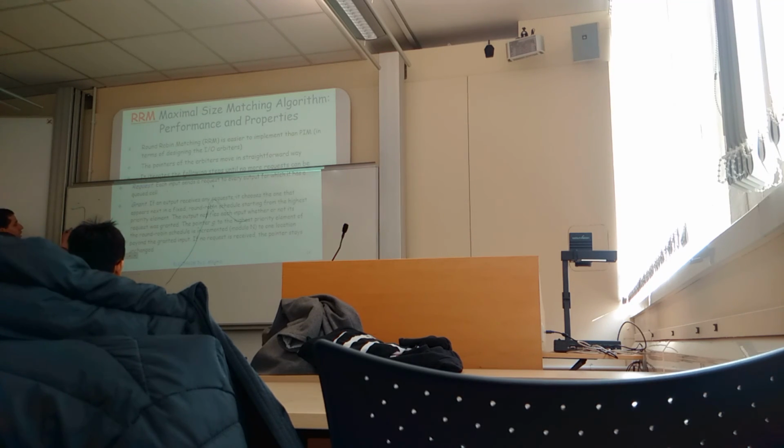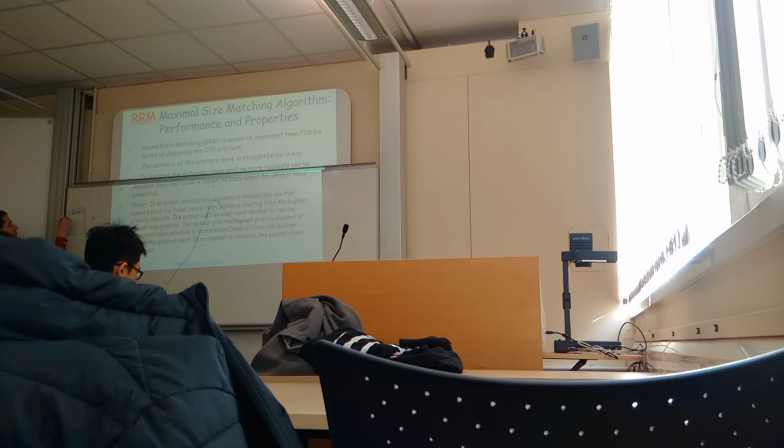If you have an input port like what I showed you before, input port number 2 that has 4 queues, these are VQs, so this is input 2, and this is VQ2,4.